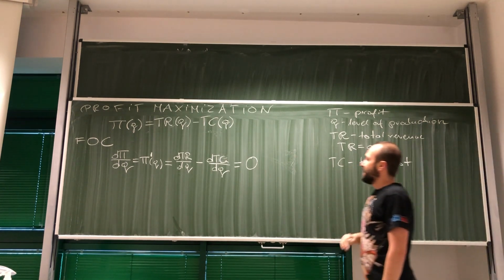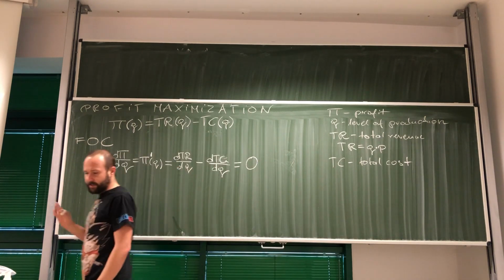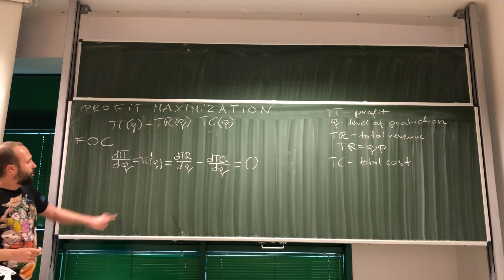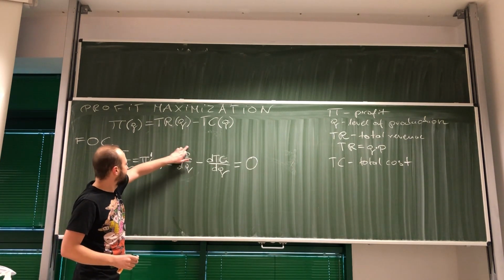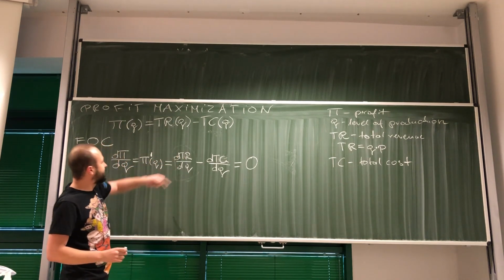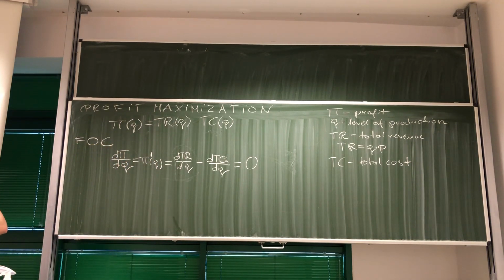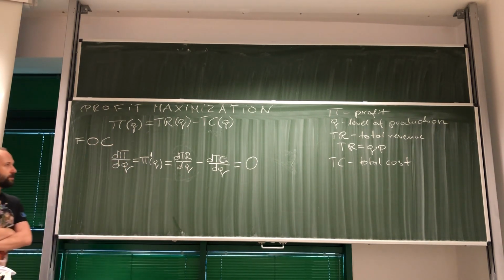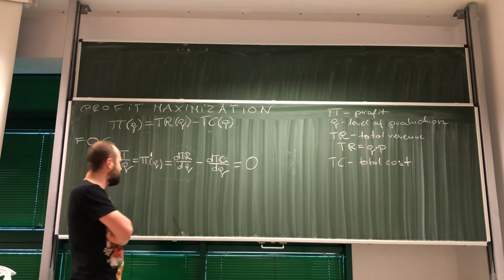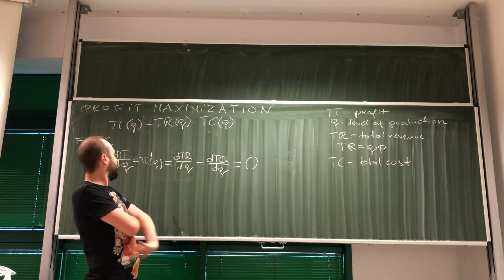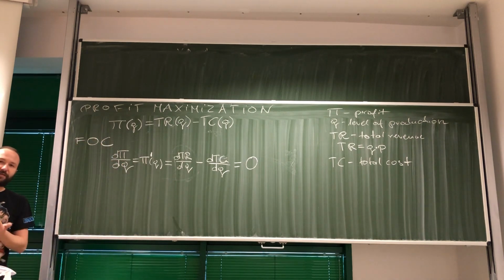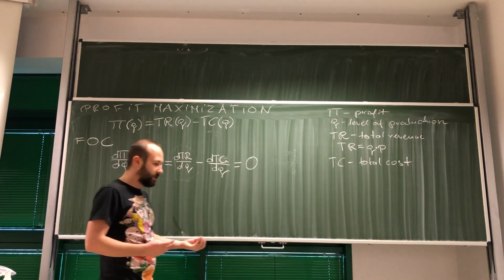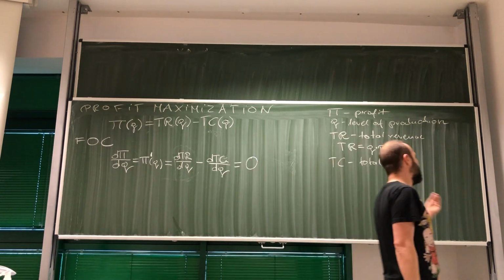Okay, now let's consider for a second what we do have over here. Look, here we see that we've got the first derivative of total revenue with respect to quantity. So, in other words, this expression is telling us by how much total revenue will change if quantity increases by some very small amount.